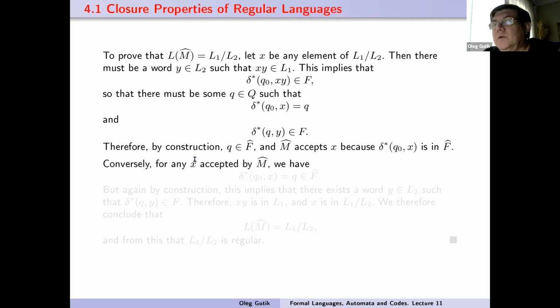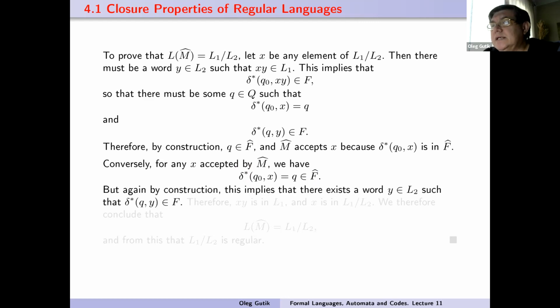Conversely, for any word accepted by automaton M capital with hat, we have that delta star of q0 x is equal to q, which belongs to the set of final states of automaton M capital with hat, F capital with hat.